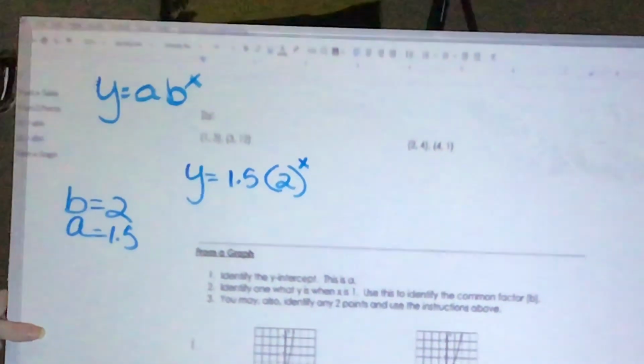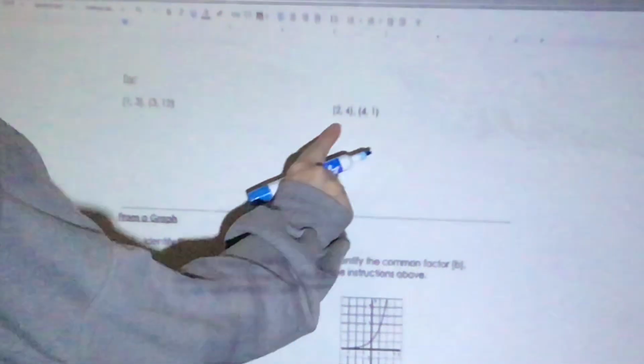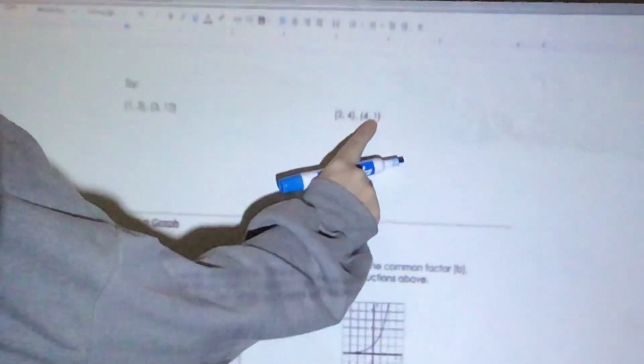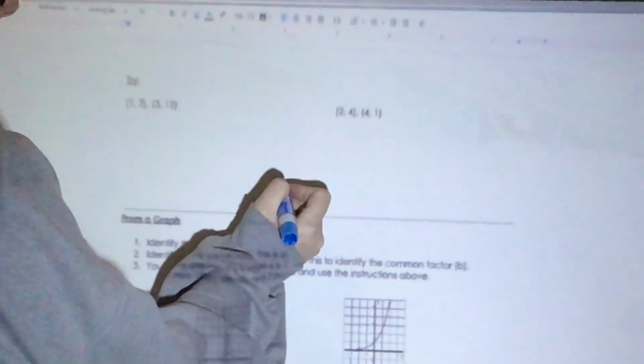Now for the second one, I'm going to do the same thing. I'm going to look to see which one is my highest x so I can put that on top so that when I subtract my powers, I get a positive power. It will work if you get a negative power and put the other number on top, but it's much easier to deal with the positive powers. So I am going to put this one on top because it's my largest x.